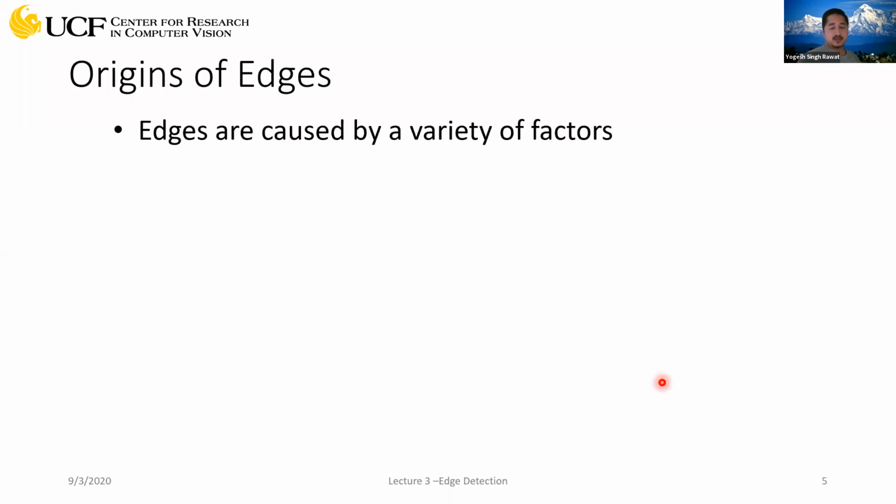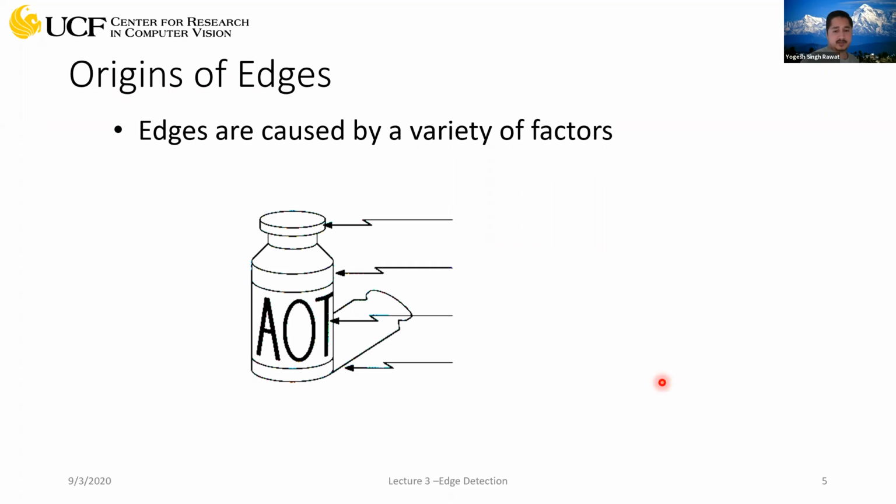So why do we observe edges in images? There are many different causes, many different factors. Let's consider a simple image where we have drawn the edges of this bottle, and we also have this nice shadow here. So this is the first edge here. Now, if the surface normal is changing, so if you have any discontinuity in the surface normal, then you will observe edges.